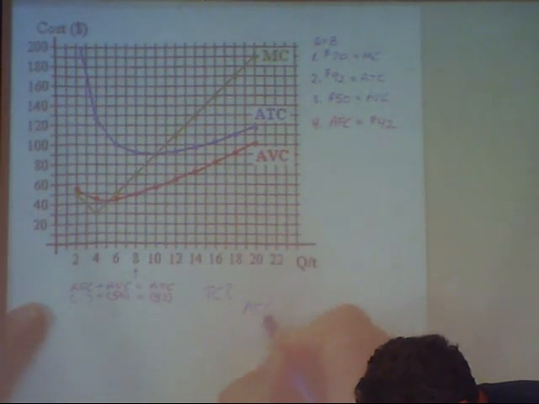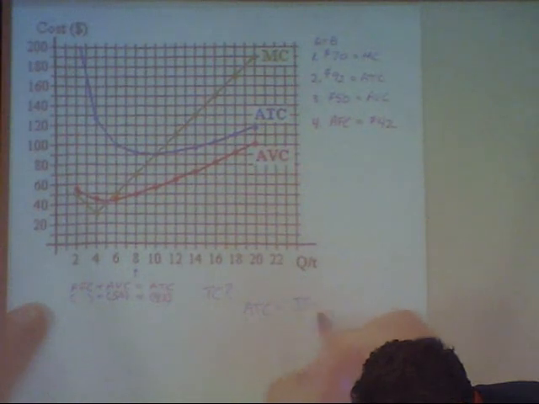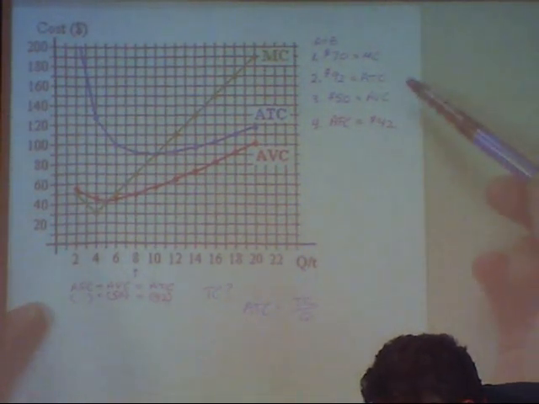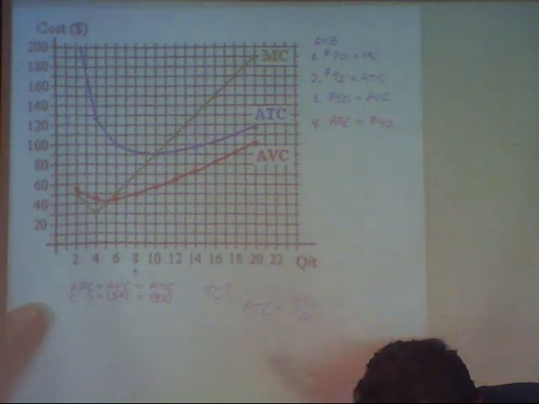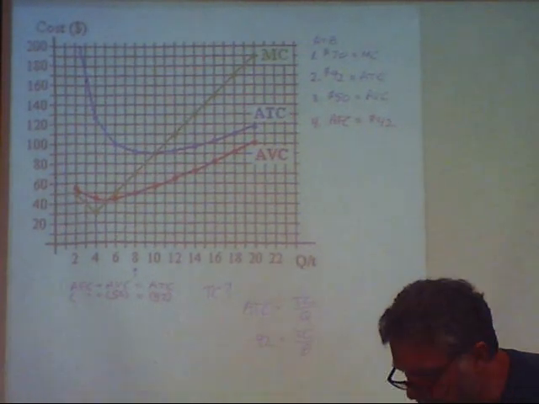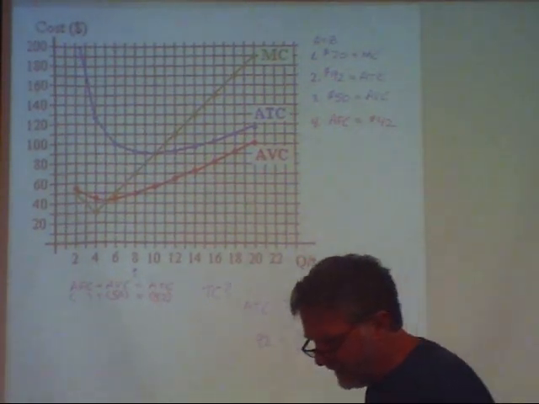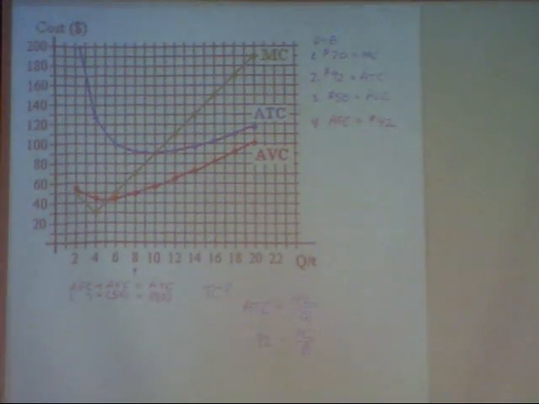The average total cost is the total cost divided by the quantity. And from the graph, we know what the average total cost is. It's 92. So whatever the total cost is, when you divide it by the quantity, 8, you have to get the average that's 92. So what does the total cost have to be?